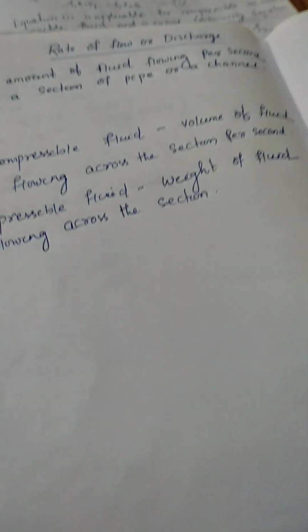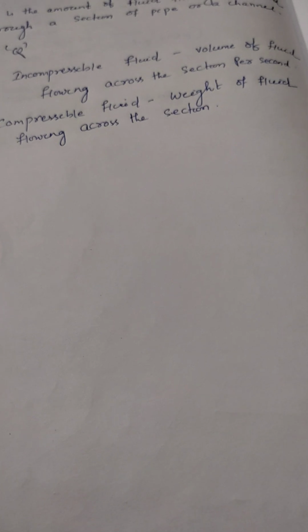So for the two types of fluid, one is incompressible fluid, another is compressible fluid. For incompressible fluid, we measure in terms of volume of fluid per second, but for compressible fluid, we measure in terms of weight of the fluid flowing across the section.